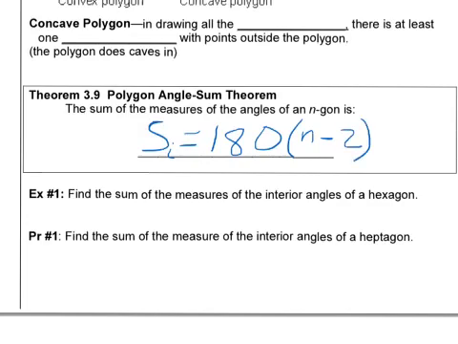That's the formula there for the measures of the angles of an n-gon, or the sum of interior angles.